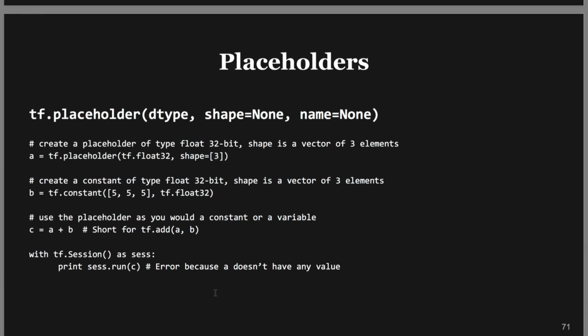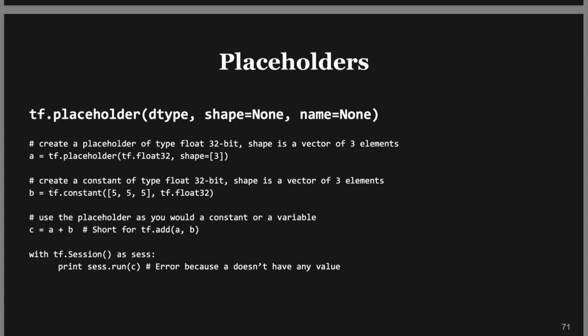So the way we define placeholders is the tf.placeholder operator, and you define the type and the shape. Once you have this definition, you can use A as if we already knew the value.